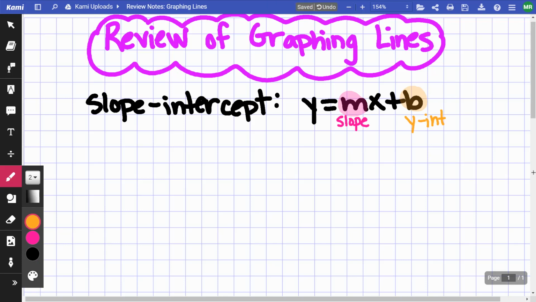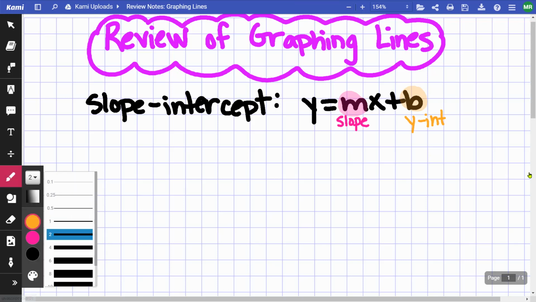So what happens is I'm going to go through two examples of ones in slope-intercept form and explain how to graph them.